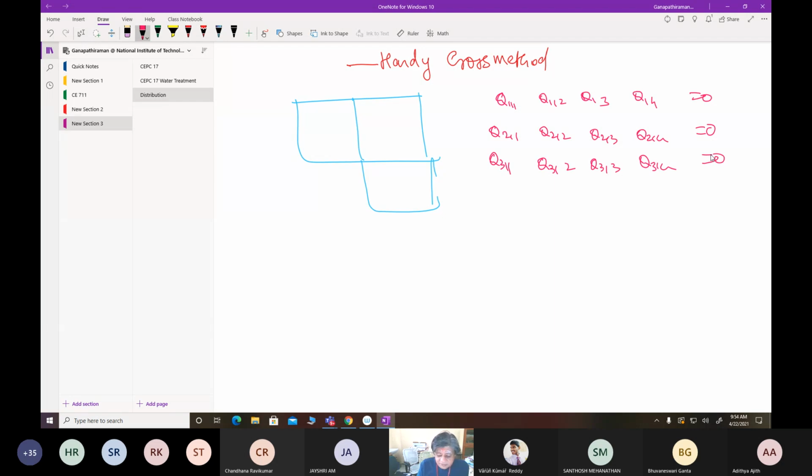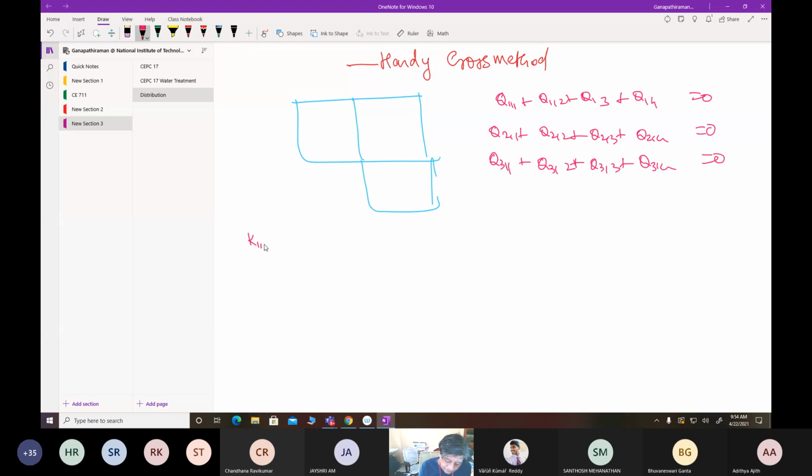What am I going to do? I will correct because this is the first condition. It is equal to 0. You assume a flow, then you find out what is H11.